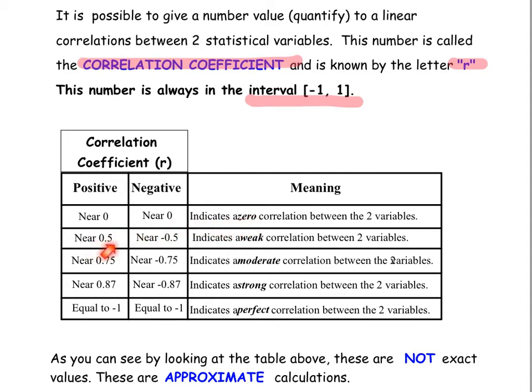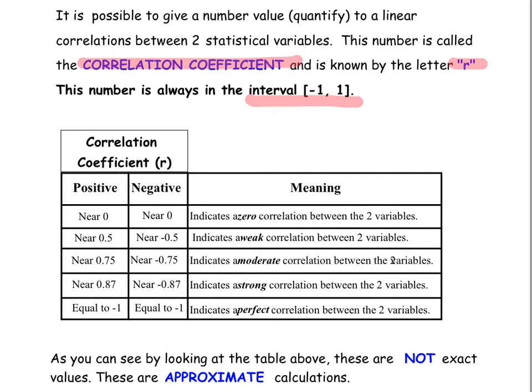If we calculate a number that's close to 0.5 or -0.5, it would indicate a weak correlation. 0.75 to -0.75 is moderate. 0.87 or close to -0.87 indicates a strong correlation, and if it's equal to -1, oh sorry, that should say positive. Let's fix that.